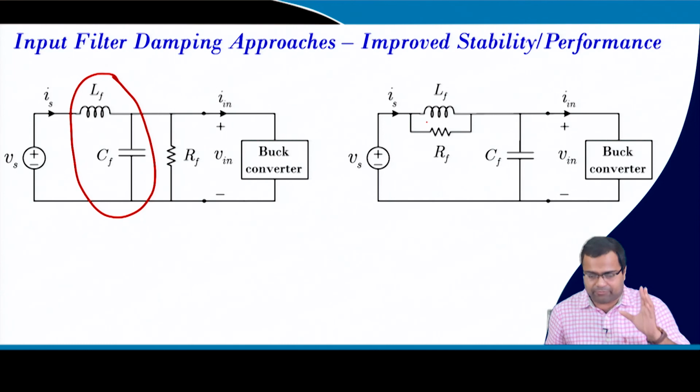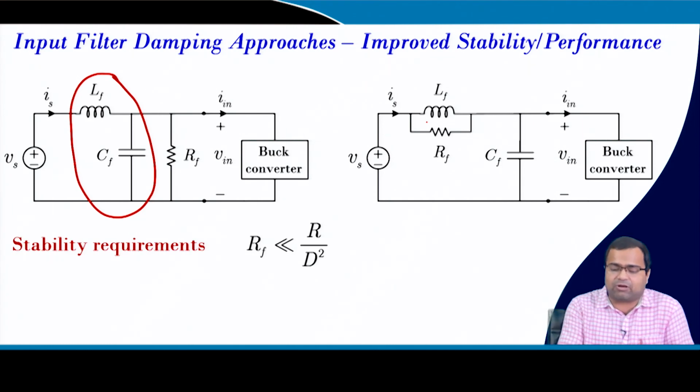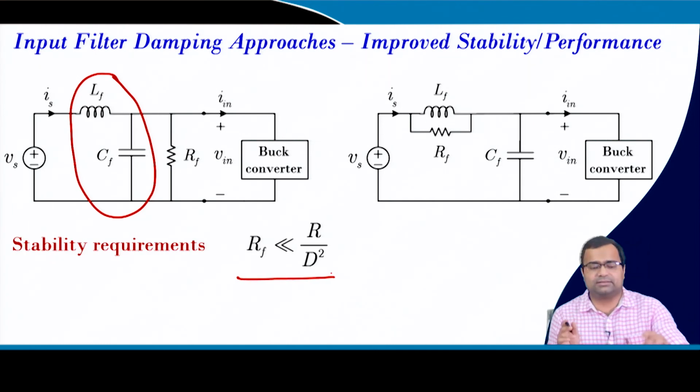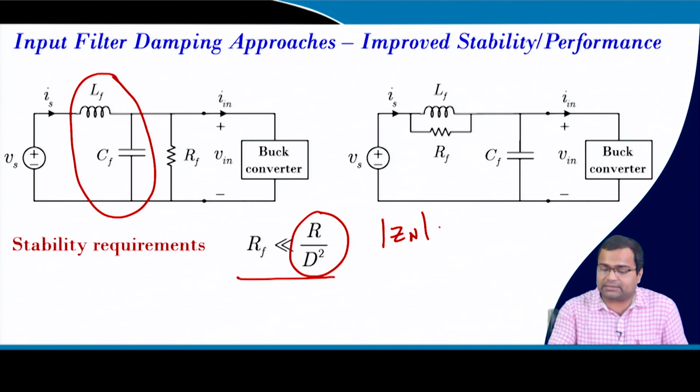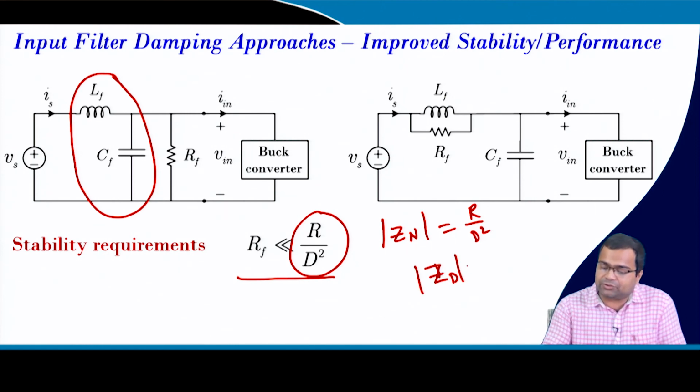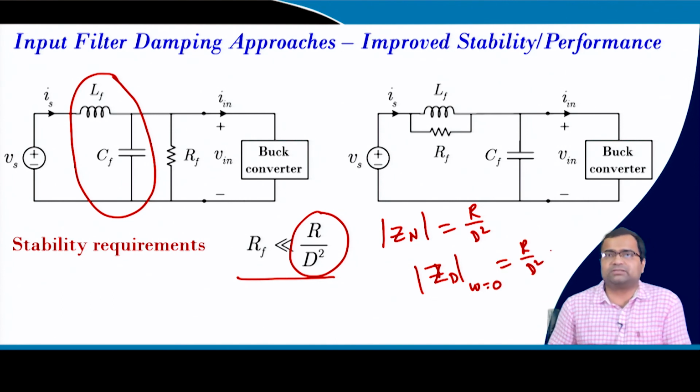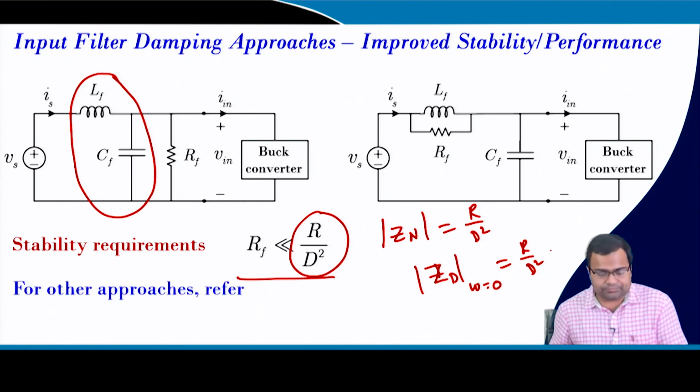But for the stability requirement, the filter resistance for both of these cases must be much smaller than R by D square, which is the magnitude of the Zn. It is nothing but R by D square. In fact, if you take the ZD magnitude at omega equal to 0, it will also be the same, R by D square. So, this must be smaller.